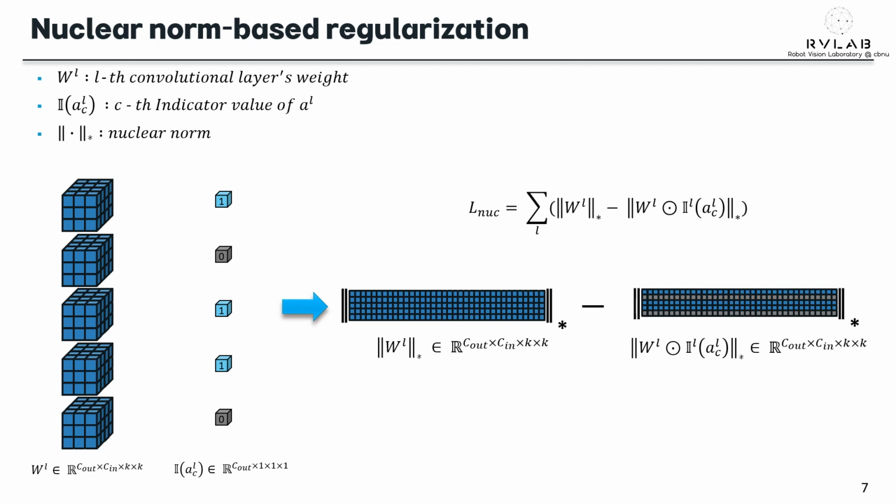Therefore, it is hard information. Otherwise, the nuclear norm is the sum of the singular values, which can represent capacity with soft information. That's why we use nuclear norm-based regularization to preserve the network expression capacity. Specifically, as shown in this figure, we minimize the difference between the original network's expression capacity and that of the pruned network.